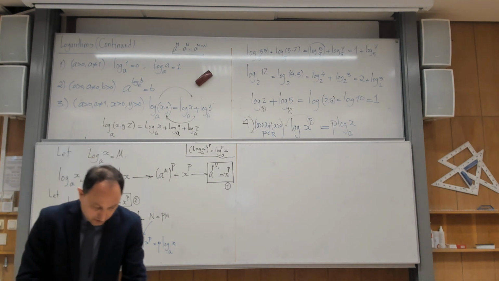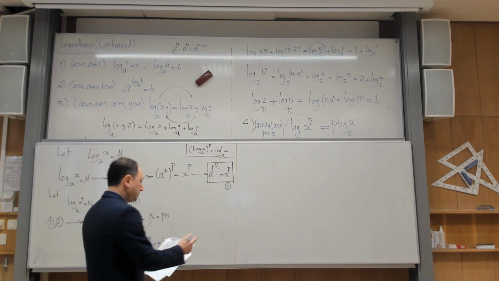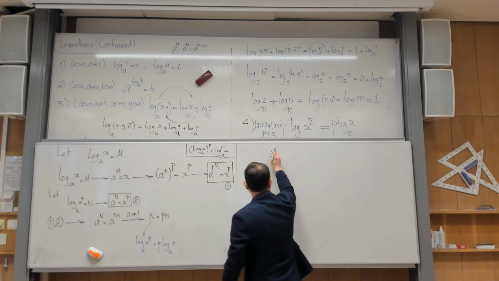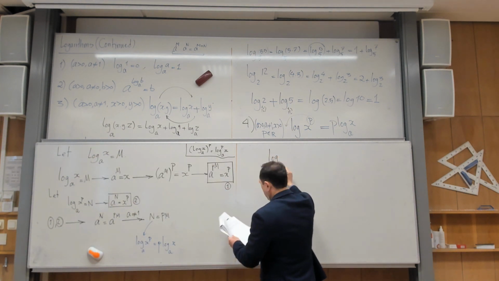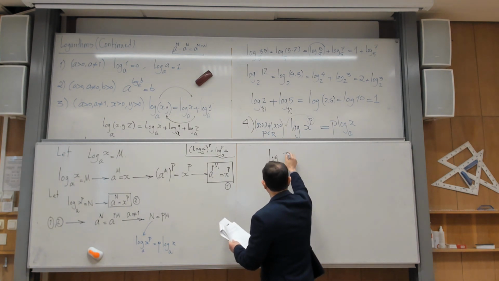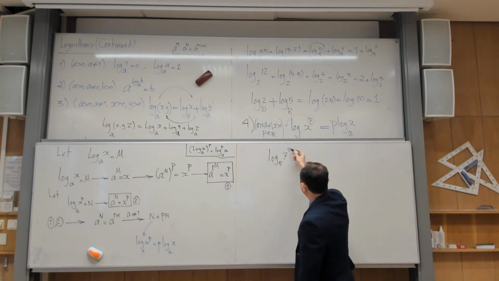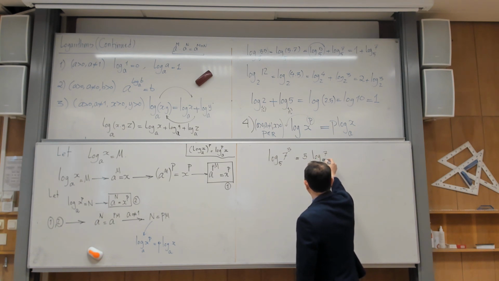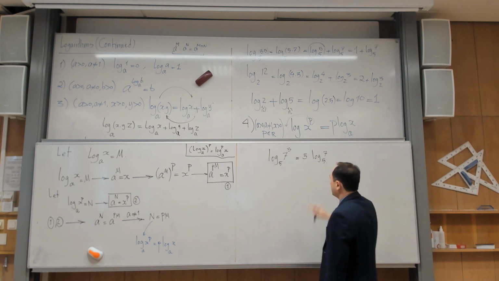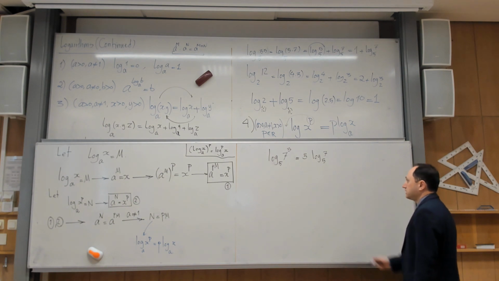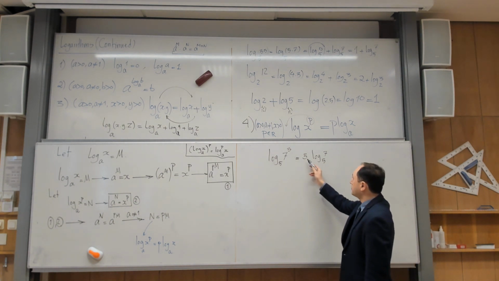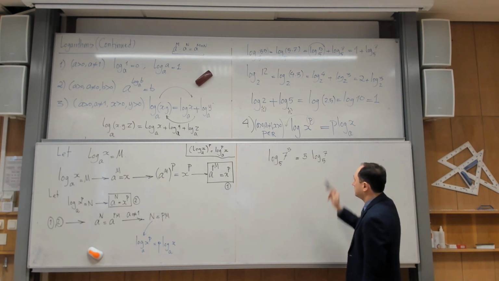For example, let me write something here for you. I want to write something that I want you to understand. So if I write something like this, if you want to, you can take 3 to the other side. By the way, these equalities are exact equalities. So whatever this number is, it is exactly 3 times larger than this number.